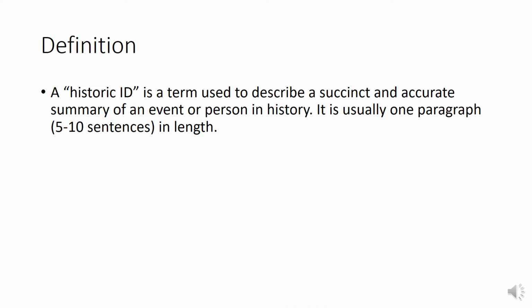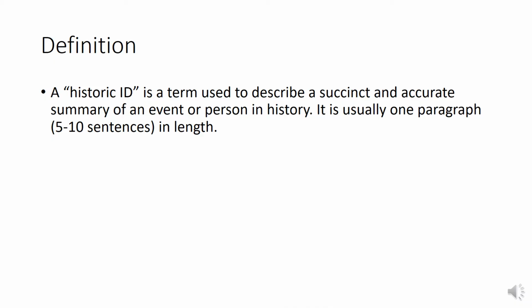When you write a historic ID, you want to be as detailed as possible. These are the things that you will be writing on your quizzes and exams that you're going to want to know the most about. So think about the key terms. When I put up a study guide for the exam, I will be giving you a list of key terms that could be possible IDs on your exam.